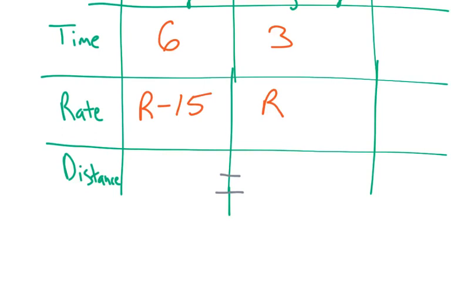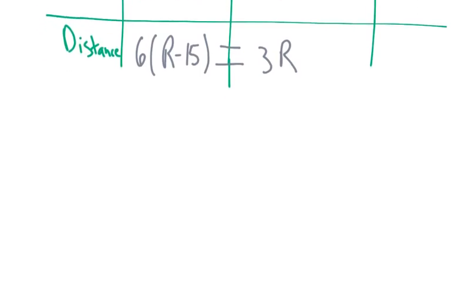And once you do, it's the same thing, so you multiply going down: 6 times R minus 15 equals 3R. And we just solve. Distribute the 6: 6R minus 15 times 6, well, 60 plus 30 is 90, equals 3R.